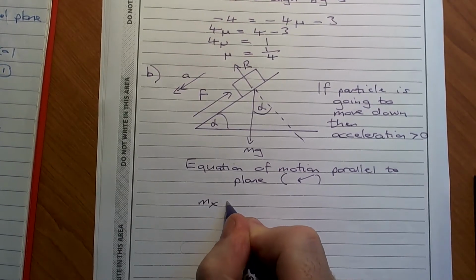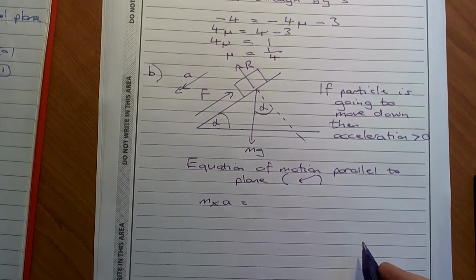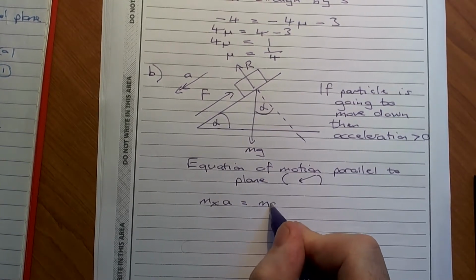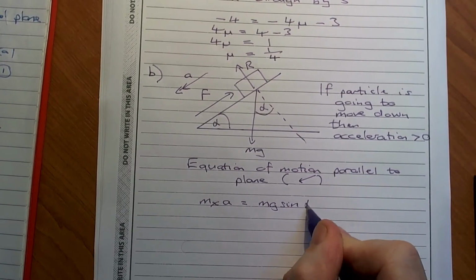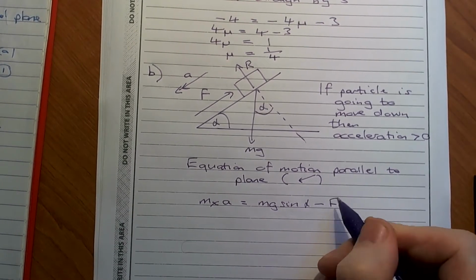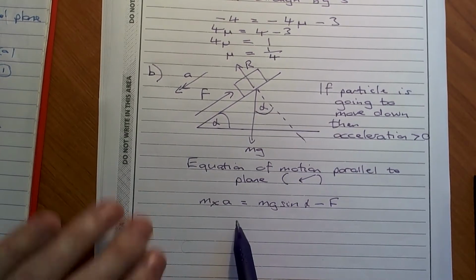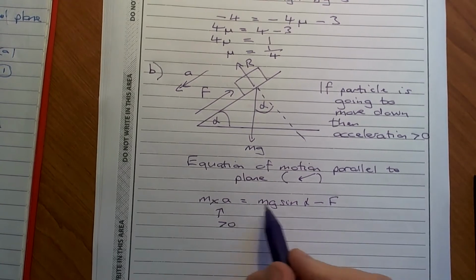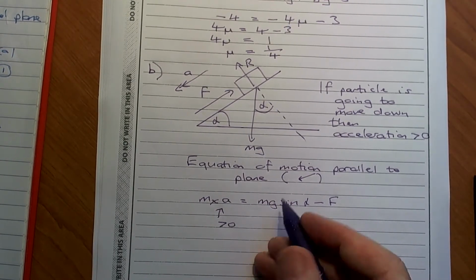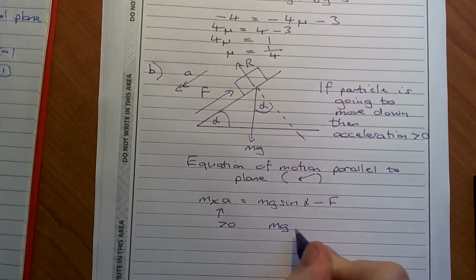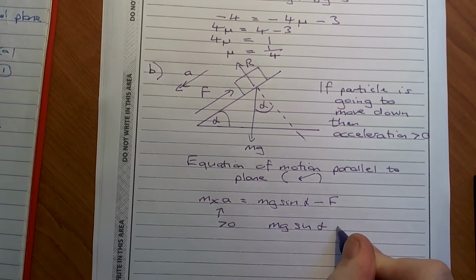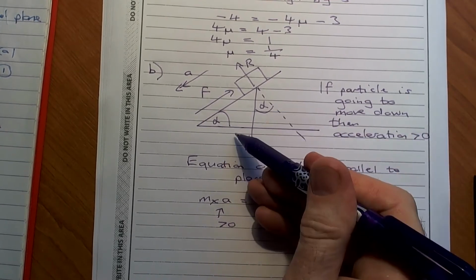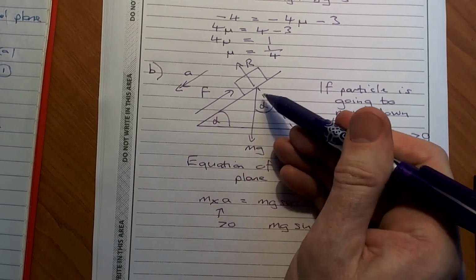So we'd get mass times acceleration is going to equal, it's going to be this force dragging it down, which is mg sine alpha minus F. Now, if this acceleration is going to be greater than 0, that's only going to happen if mg sine alpha is greater than F. That means this force coming down the plane overpowers this frictional force, then it will move.